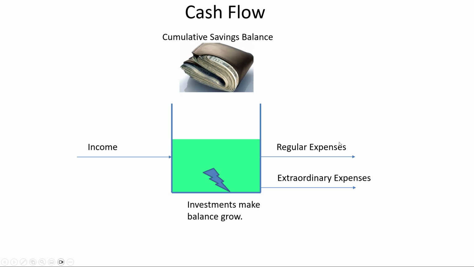And so your investments make the balance grow over and above the savings in any given year. So I may only add $10,000 of new cash to my savings account in a given year, but if I already had a pretty big balance to begin with, then the interest that was earned on the prior year's balance also makes the amount of money go up over time.